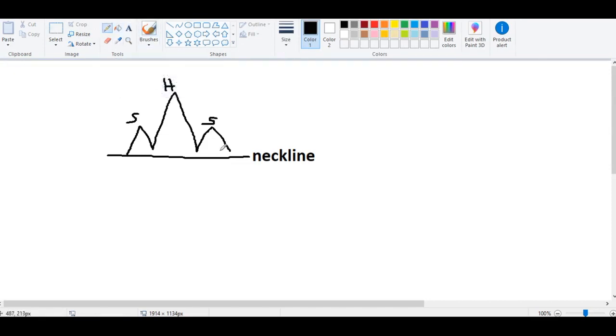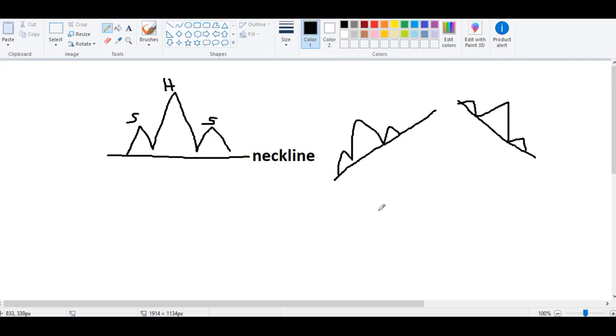One is like this. One can be on an upsloping trend line like this, and one can be on a downsloping trend line like this.